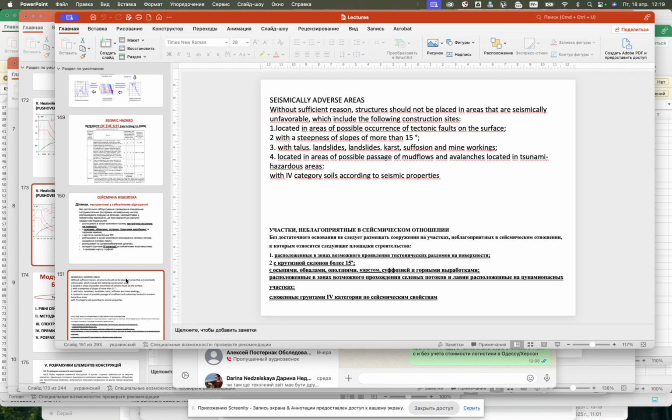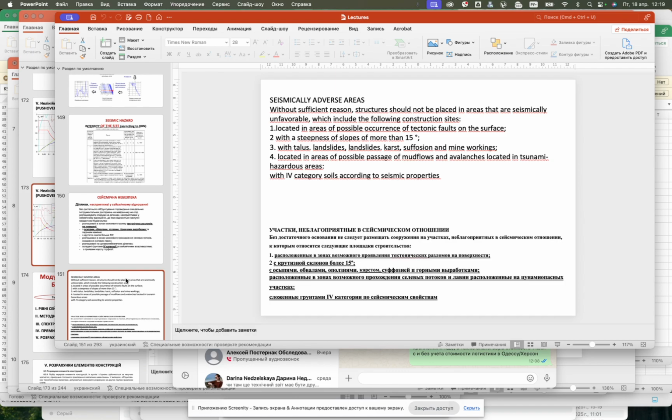Undermined territories are also located in areas of possible meltdowns, avalanches, and even tsunami hazardous areas. And seismically adverse areas also include the fourth category of soils according to the seismic properties.